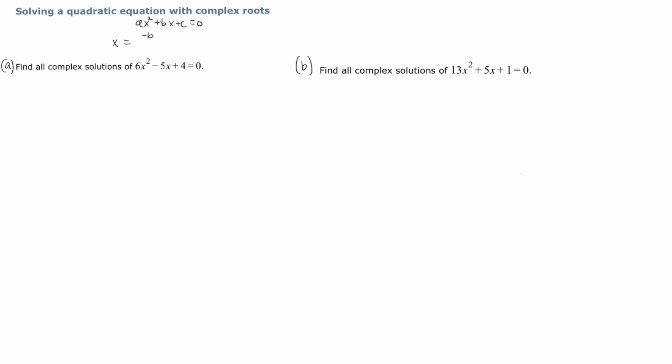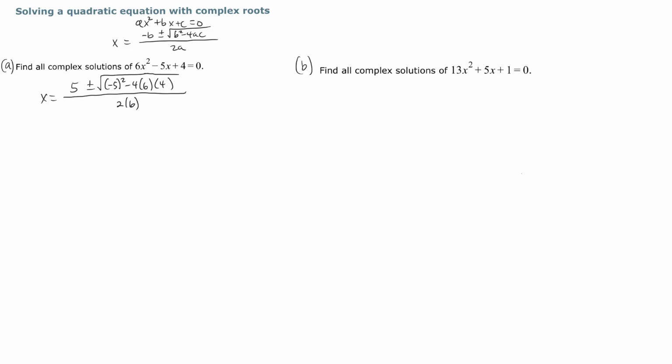X is equal to the opposite of b plus or minus the square root of b squared minus 4ac all over 2 times a. Let's try it. X is equal to the opposite of b, which is 5, plus or minus the square root of the quantity negative 5 squared minus 4 times 6 times 4, all over 2 times 6.